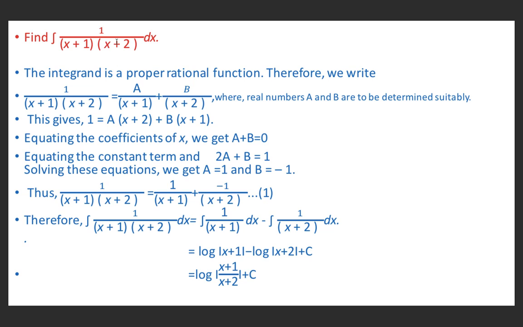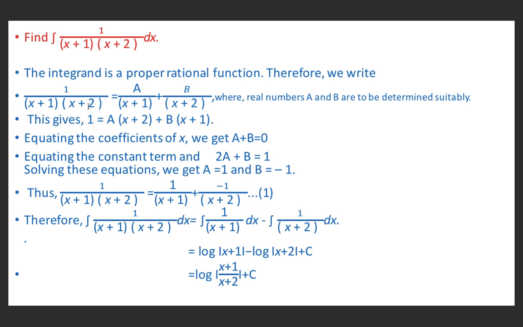Suppose this is the function we want to integrate. It is a proper rational function, 1 upon (x + 1)(x + 2). If it is not a proper rational function, we will reduce it to a proper rational function, but it is already proper.